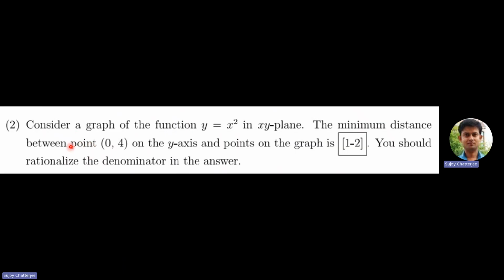But the first thing is that you have to find the minimum distance between a point on the y-axis, represented by 0, 4, and the points on this graph y equals x square, which is a parabola, isn't it? Y equals x square is a parabolic graph. So you have to find the minimum distance between this point 0, 4 and this graph, and that should be the answer to this question. So now let's see how to solve this problem.